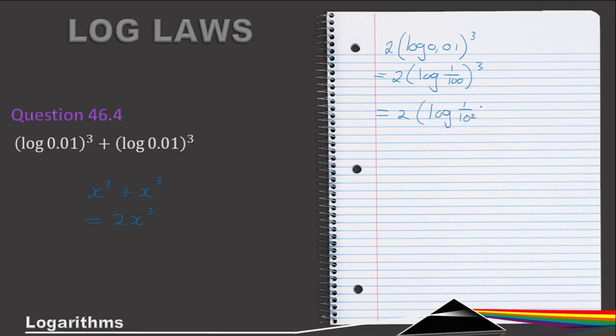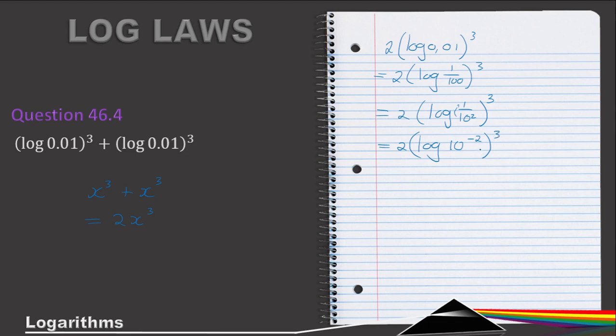And then we want our bases to be on top. So to get this base up, my base goes up, my exponent changes sign. This is 10 to the power of negative 2.